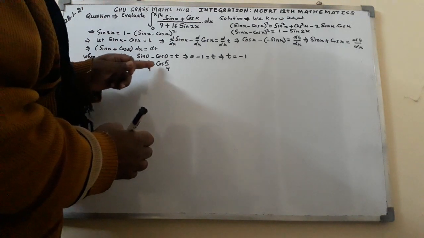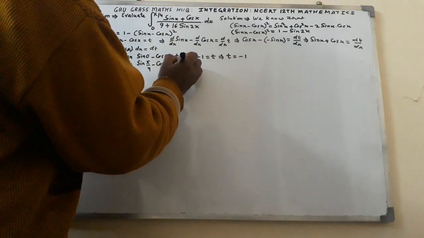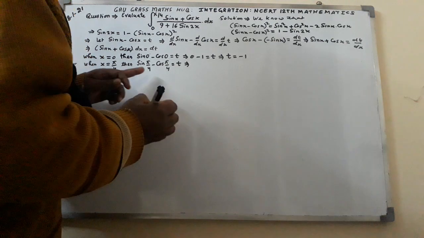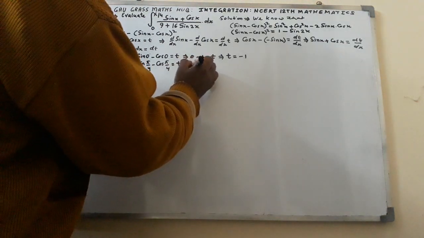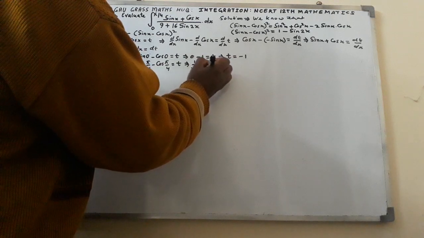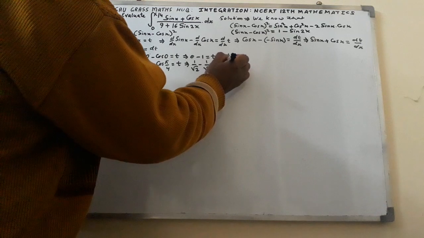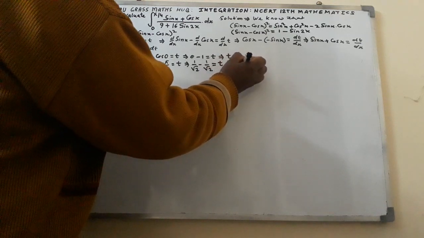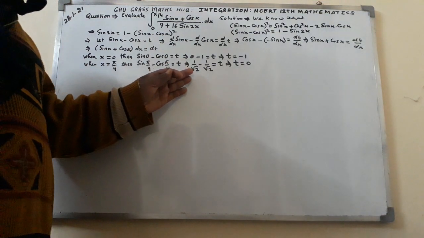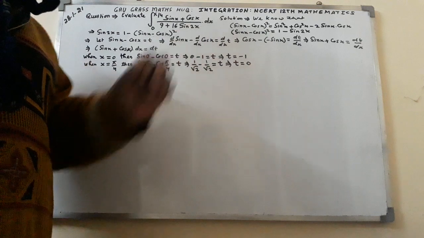The sin pi by 4 minus cos pi by 4 equal to t. So you will get here sin pi by 4 equal to 1 over under root 2 minus 1 over under root 2 equal to t. Implied that t equal to 0. 1 over under root 2 minus 1 over under root 2 equal to 0. T equal to 0 you have got.